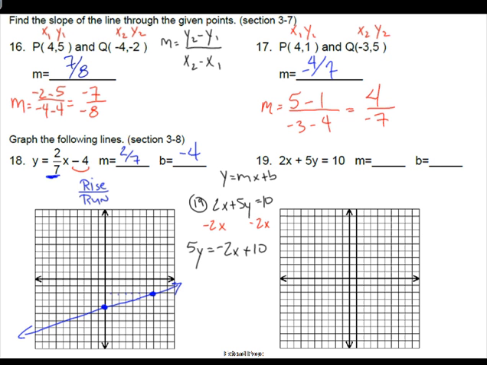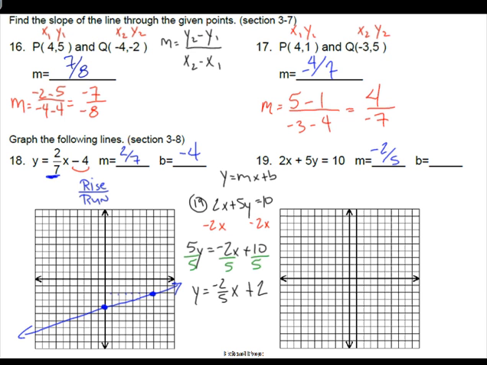I now need to divide everything by 5 so that I have my y isolated. So I have negative 2/5 x plus 2. So my slope is a negative 2/5.